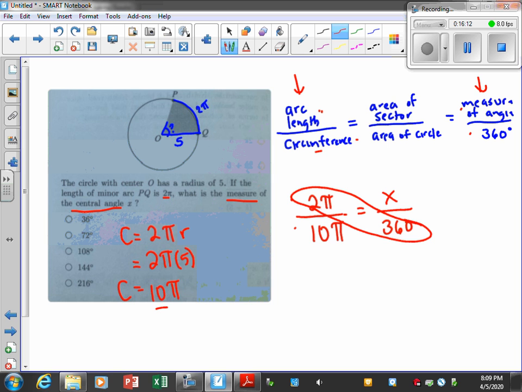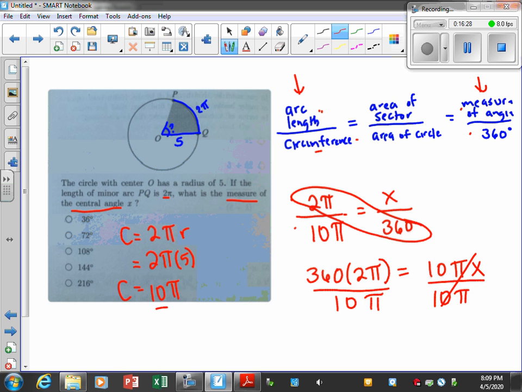So you're going to have 360 times 2 pi is equal to 10 pi x. Get x by itself because we're looking for x, so divide both sides by 10 pi. The pi's cancel, and you're going to be left with 720 divided by 10, which is 72 degrees, is equal to x.